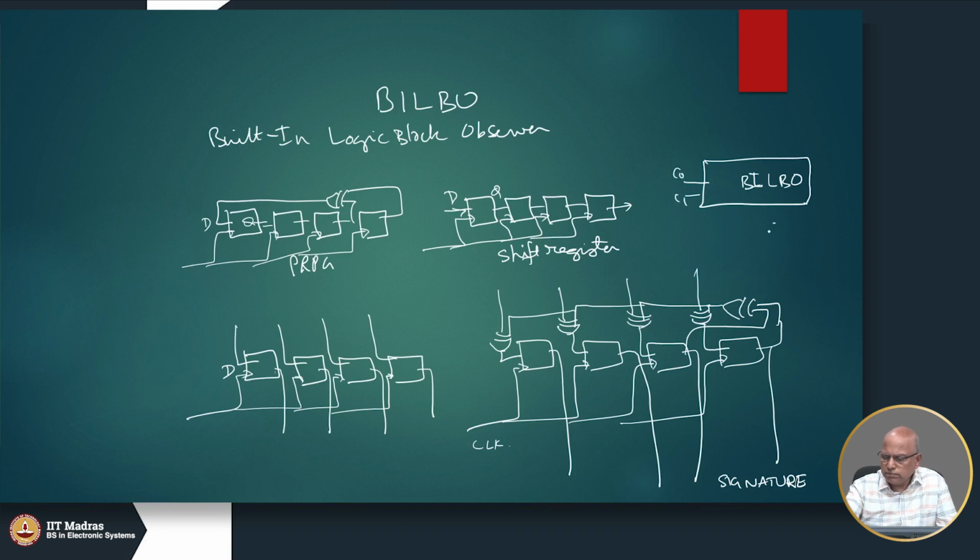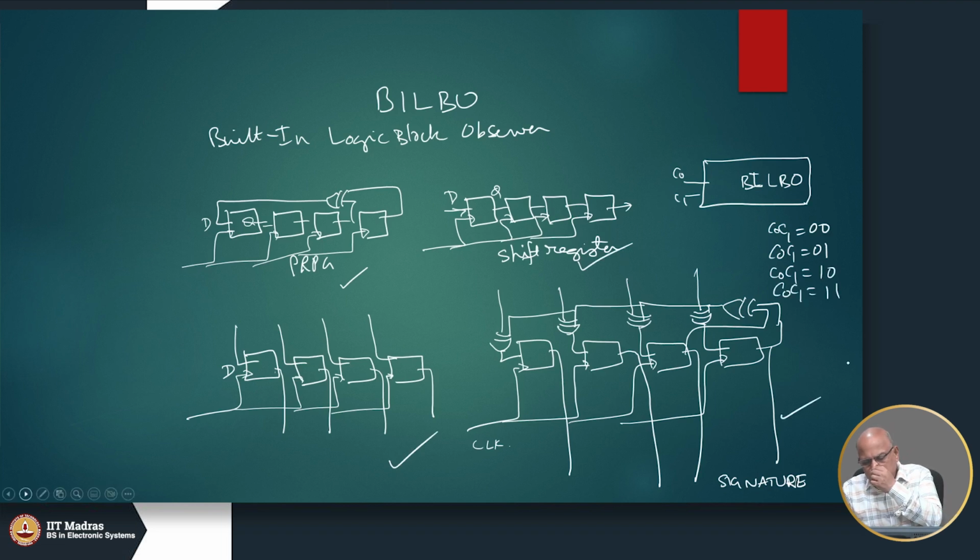If C0, C1 equal to 0, 0, then it acts, let us say, as a PRPG. If C0, C1 equal to 0, 1, it acts as a shift register. If C0, C1 equal to 1, 0, it acts as a parallel in, parallel out. And if C0, C1 equal to 1, 1, it acts as a multiple input signature register.